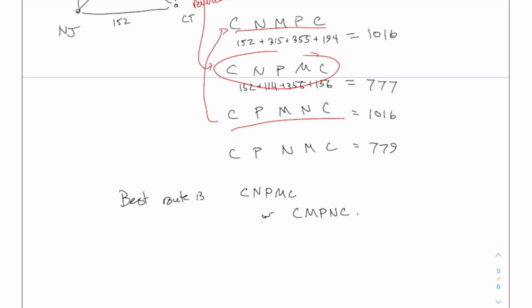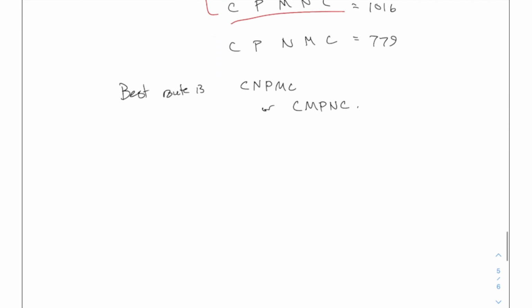All right? This is how we find the best route. There's a name for this procedure that we just did. This is called, I shouldn't have drawn that line. What we just did is, this is called the brute force algorithm. It's called brute force because we didn't actually use any real insight here.